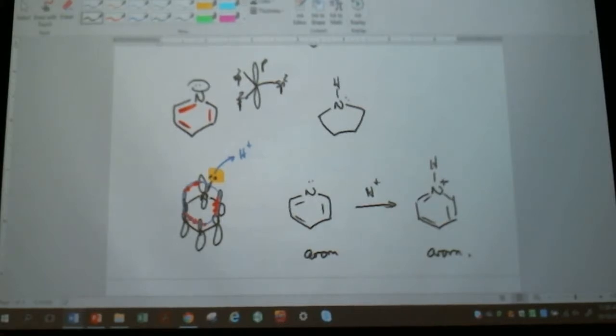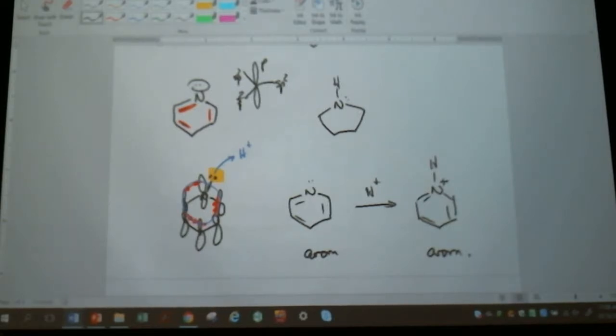Yes? I have a question. When you have molecules that have multiple nitrogens inside of them, and you ask which one is basic or acidic, are you asking specifically which one is basic or which one is acidic? No. I never asked you whether it's acidic. If you have a nitrogen with 2 electrons, it's either basic or not. To be acidic, you need to have a proton that somebody's going to come and take away.